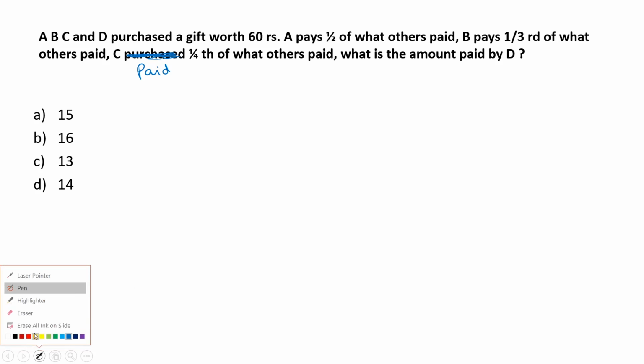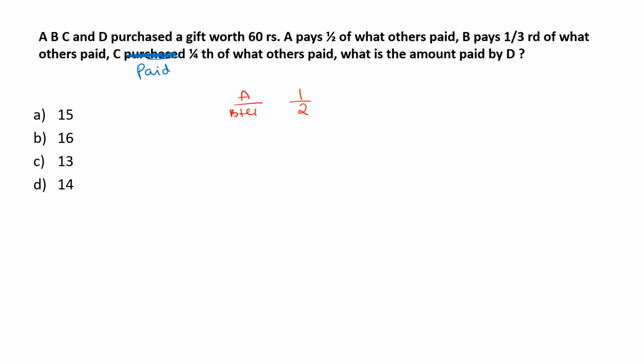Okay. A, B, C, D together bought a gift worth 60 rupees, and they distributed the amount as their shares. A paid one half of what the others paid. That means the ratio of A to the sum of B, C, D is 1:2.